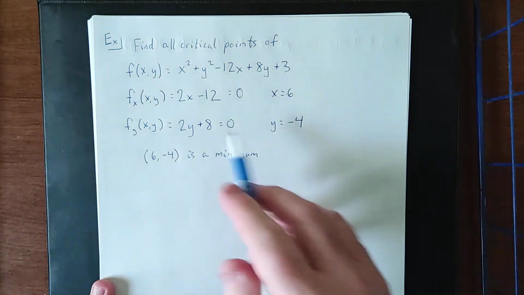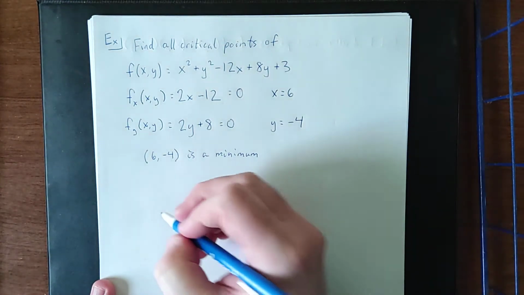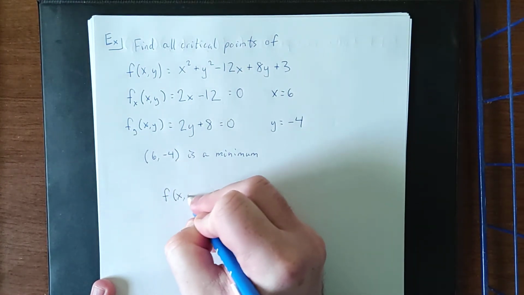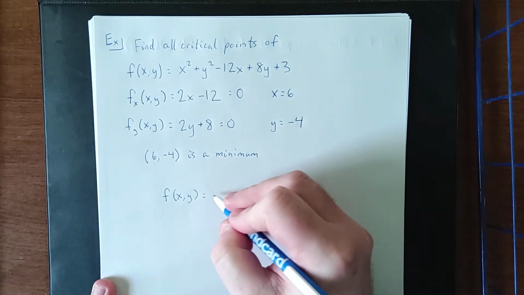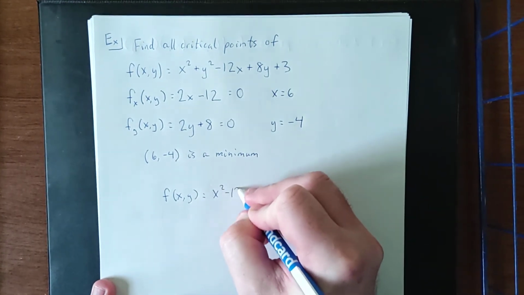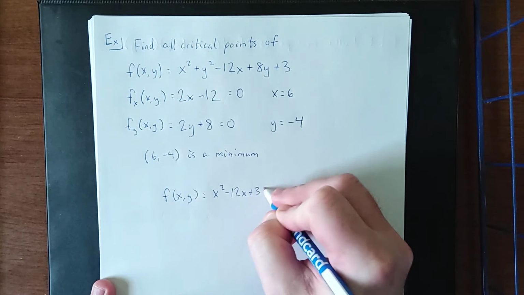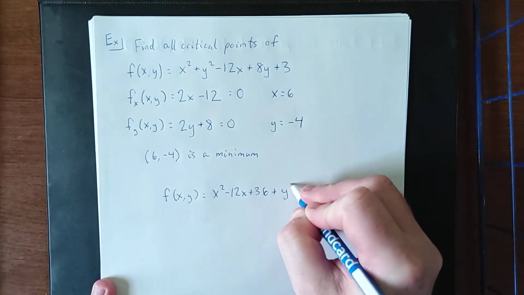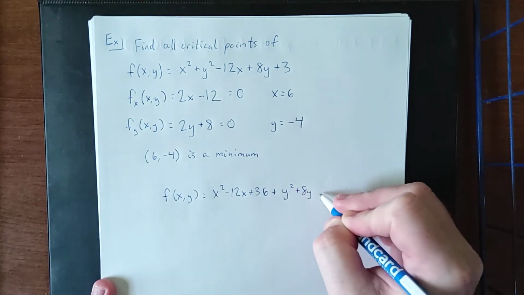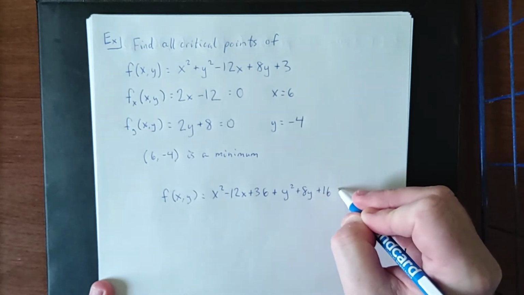And again, we could probably complete the square to figure out what this all looks like. Something like f of x, y is equal to, if we take the x squared minus 12x, add 36, it'll complete the square. Take the y squared plus 8y, plus 16 will complete the square.